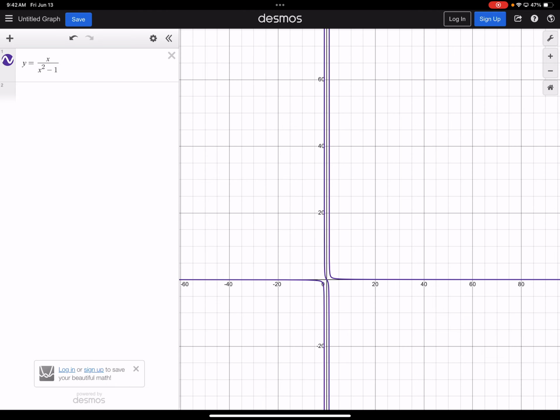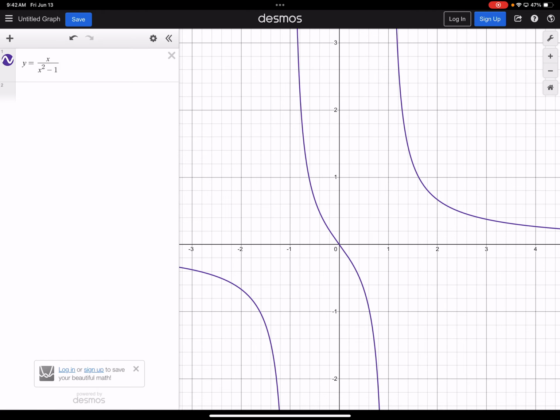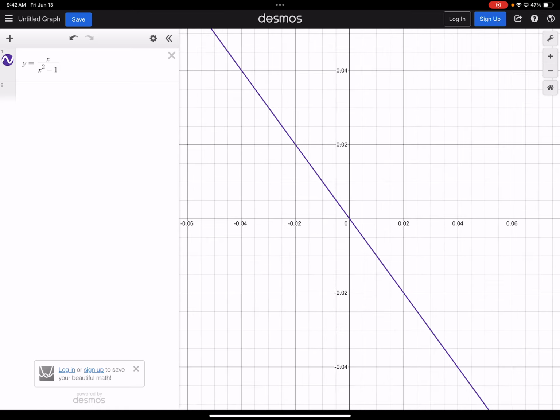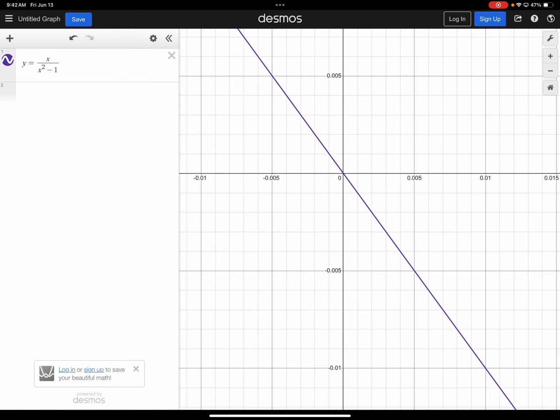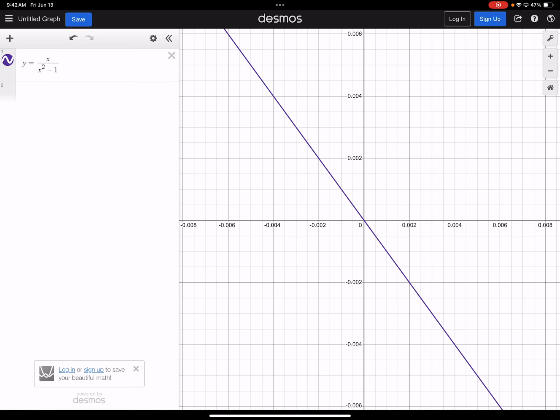Zoom in, zoom, zoom. Okay, how about this? If we were to zoom in on this point at 0, 0, what's the graph starting to look like?